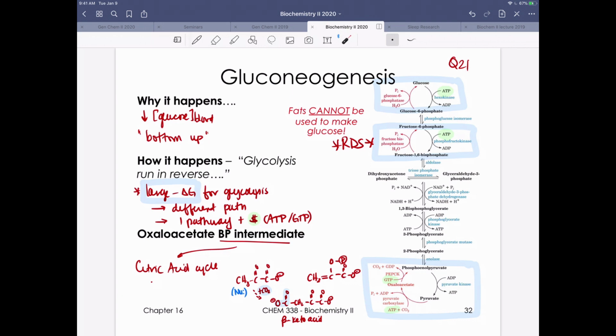Remember when we talked about the regulation of glycolysis, we asked what steps were far from equilibrium. It was step 1, hexokinase, step 3, phosphofructokinase, which is again the rate determining step in glycolysis, and then pyruvate kinase, the last step in the pathway. So we need to find alternative paths for just those 3 steps. Everything else we can use the same enzymes.